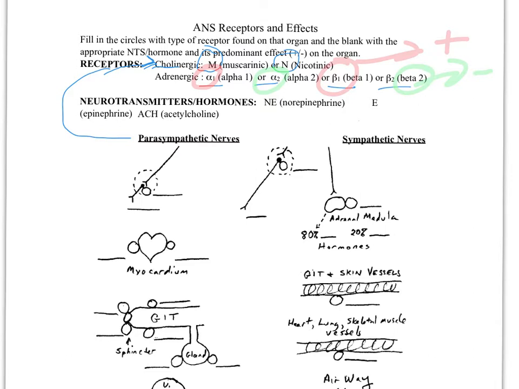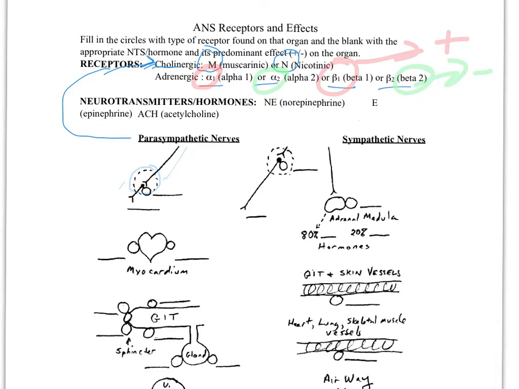All right. So now we'll go back to this diagram here. Parasympathetic nerves, we see long preganglionic, short postganglionic. And we have this dotted line here.